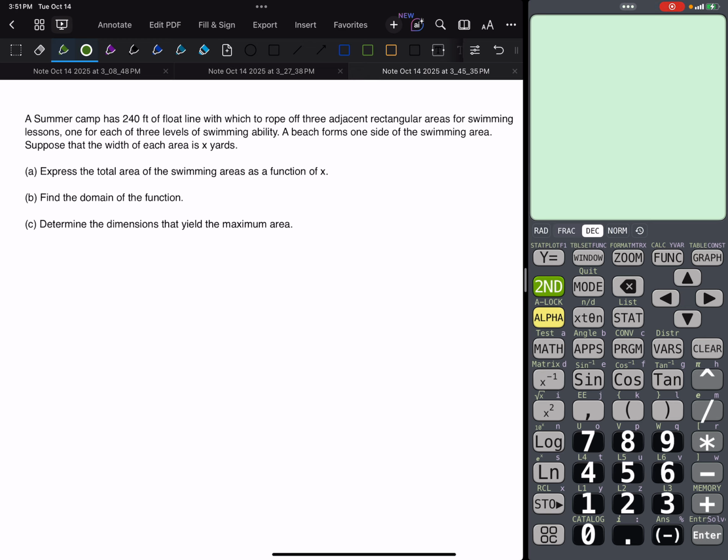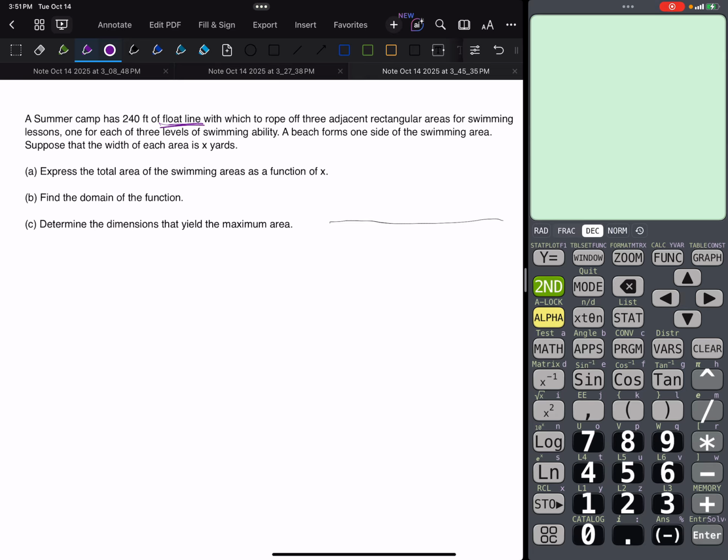We've been given a certain amount of line. So the summer camp has 240 feet of float line, and we're trying to rope off 3 rectangular areas for swimming lessons. A beach forms one side of the swimming area. So what am I going to do? I'm going to draw this in. Beach forms one side of the swimming area, and then I'm going to use purple for my float line.